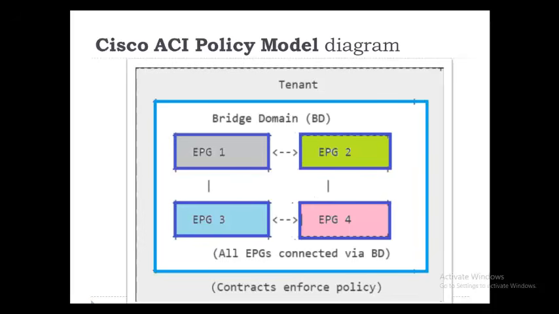Between the EPGs, you have contracts, which are the arrow marks. The arrow mark says who can talk to whom. EPG1 can talk to EPG2. You know, endpoint groups. So tenant, bridge domain, EPGs. And contract is nothing but the policy.